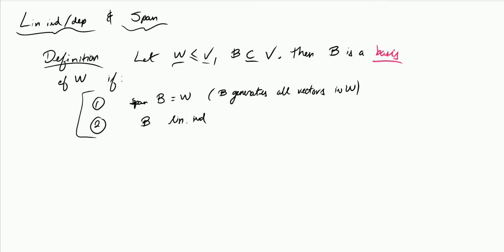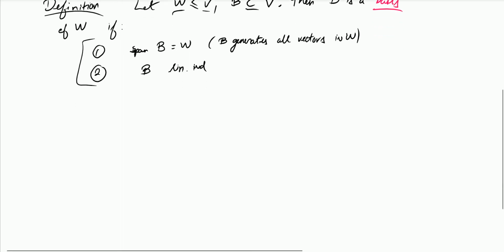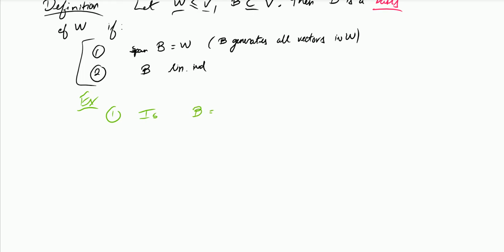Okay, so let me give you some examples. So example number 1 is the set B equal (1, 0), a basis of R2. Okay, so remember what we need to check for a basis.